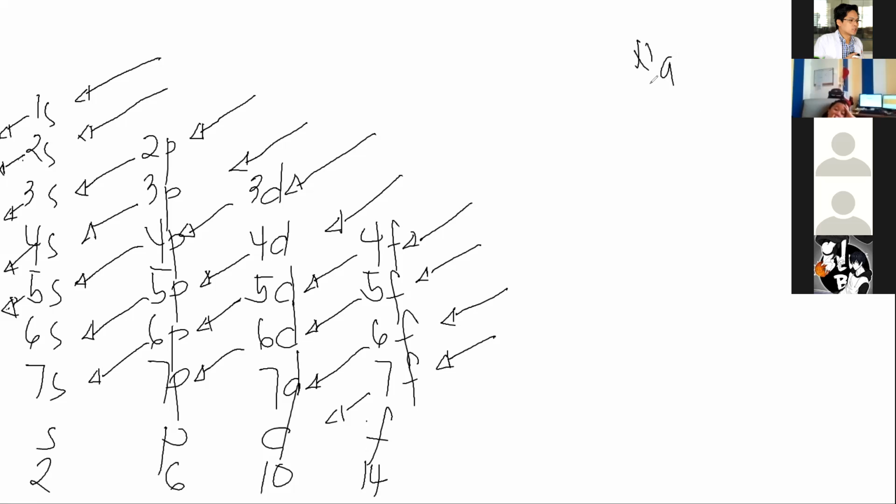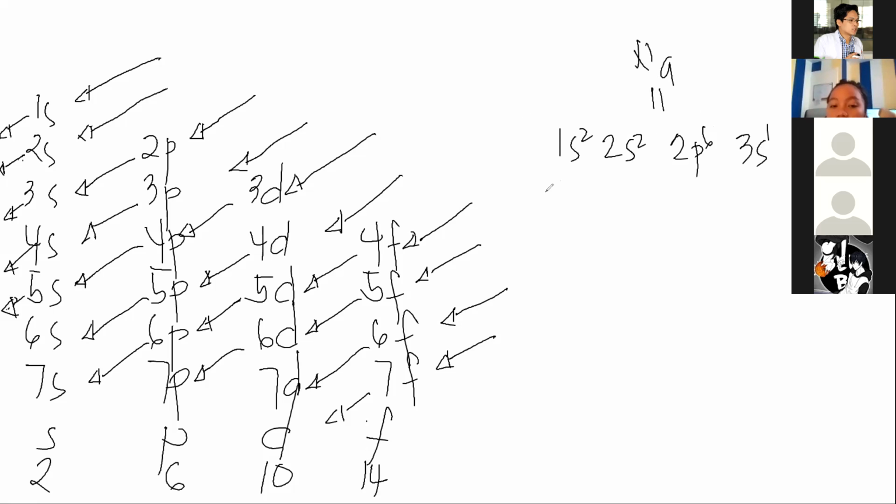Na has an atomic number of 11. So the electron configuration of sodium is 1s2, 2s2, 2p6, 3s1, correct? Yes, sir.